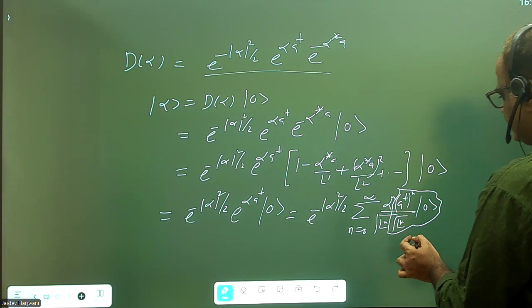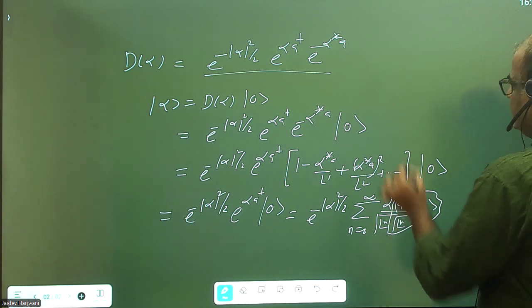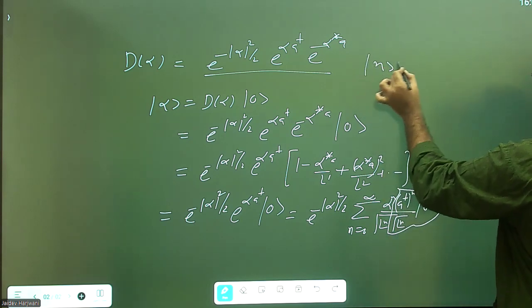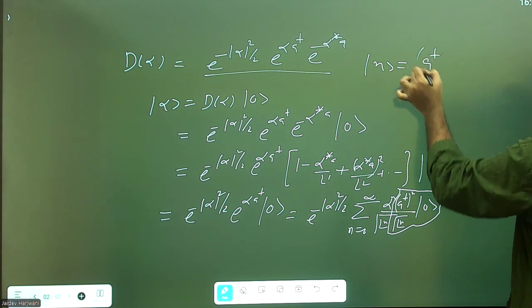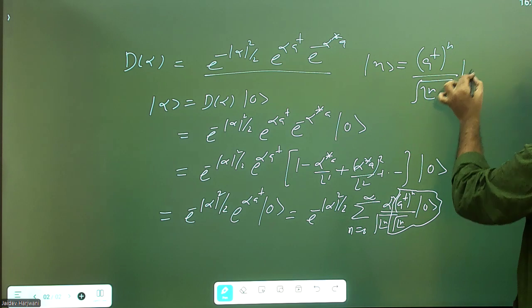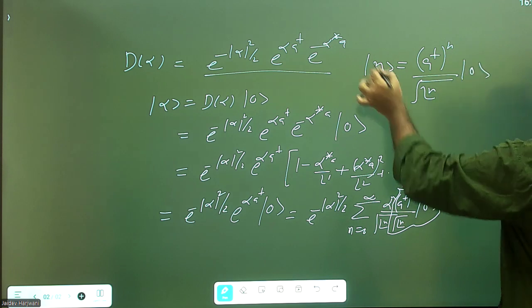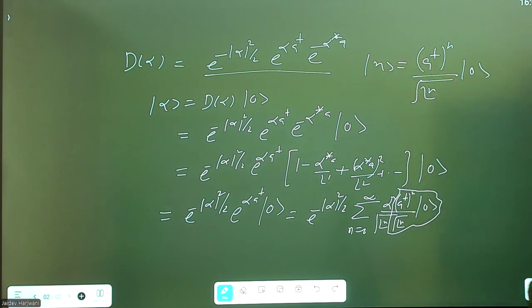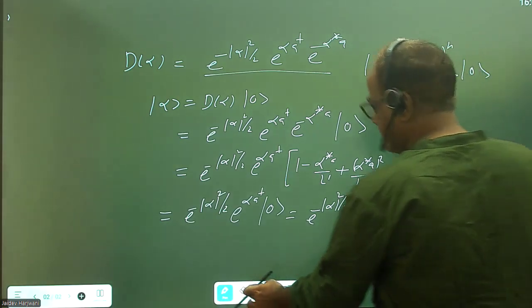A dagger to the n over under root factorial n on the 0 state will give you the state n.